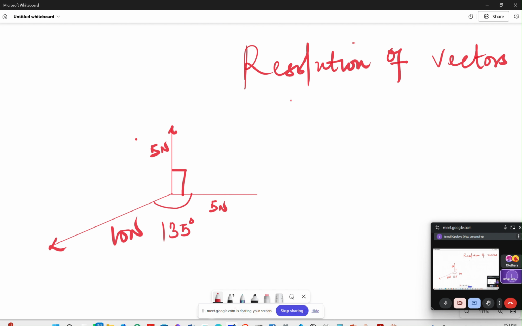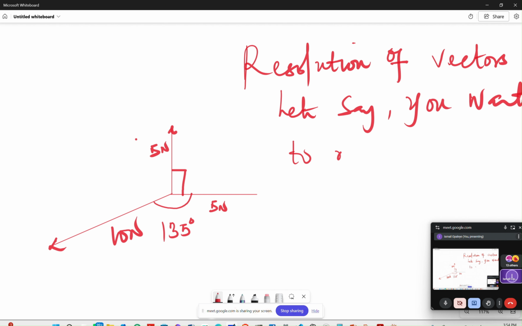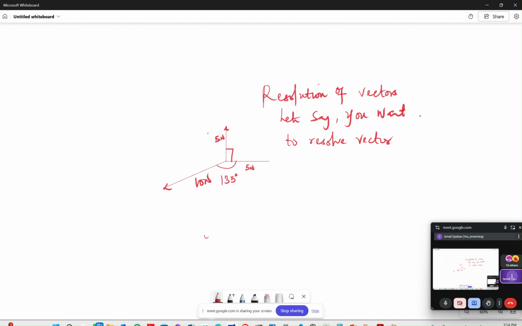So now before going forward, let's say you want to resolve vector A into x and y components.